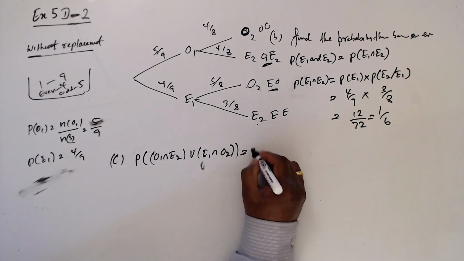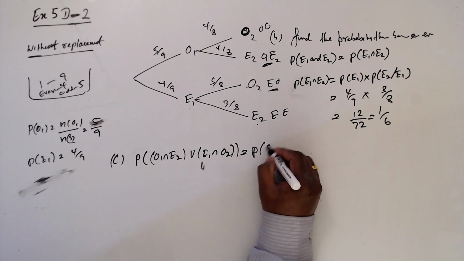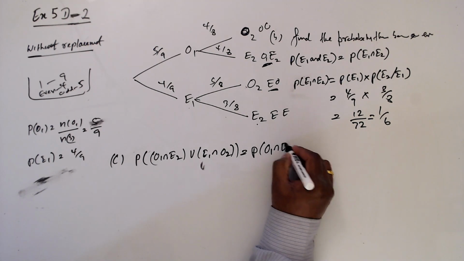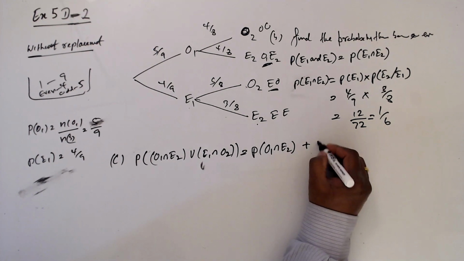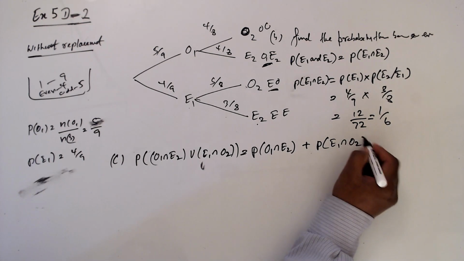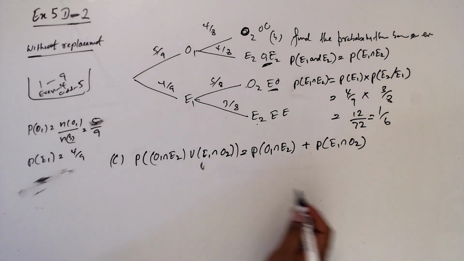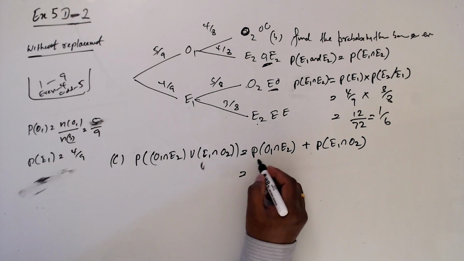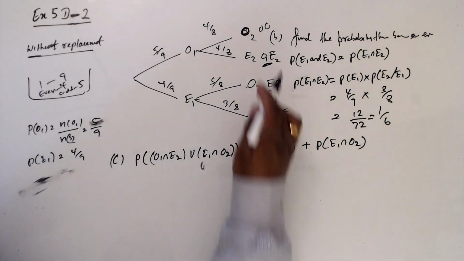It means probability of O1 intersection E2 plus probability of E1 intersection O2.